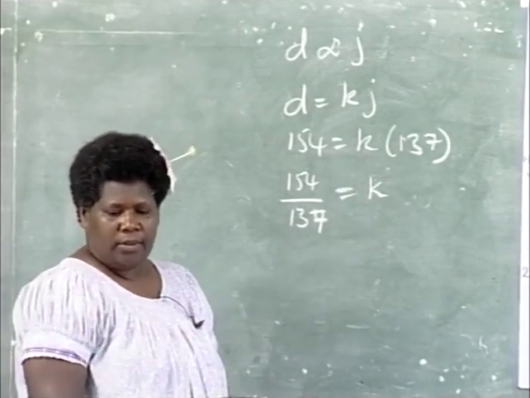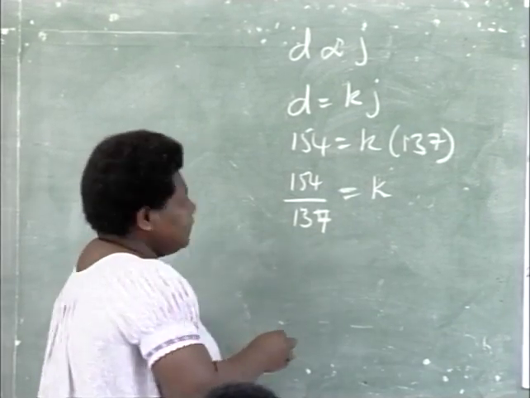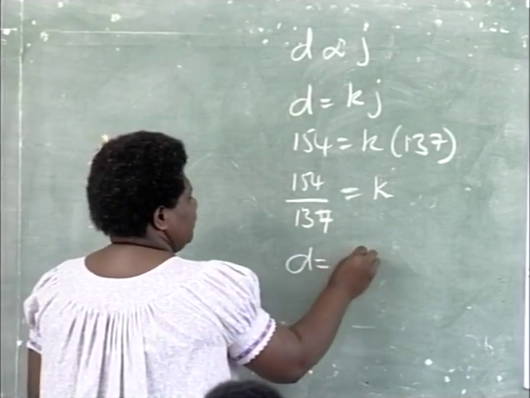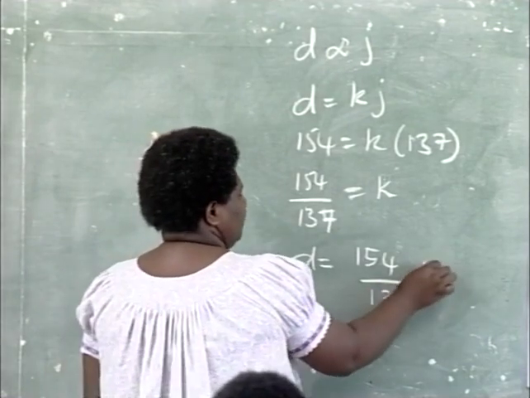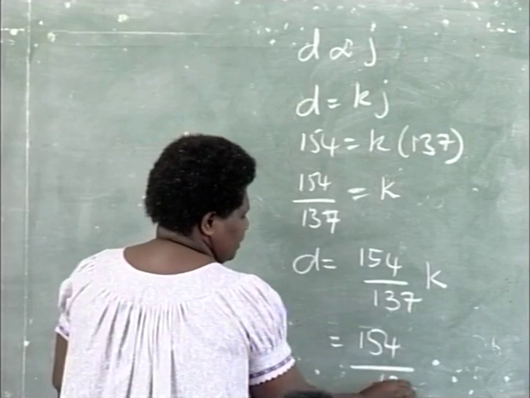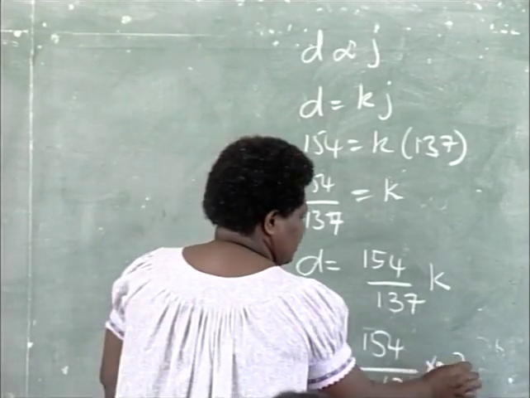It's the other way around. So D equals 154 over 137 multiplied by J. So 154 over 137 multiplied by 256. Okay.